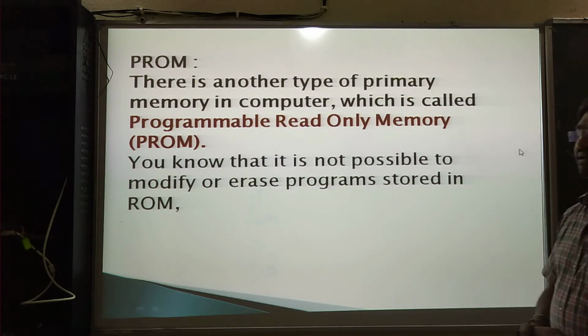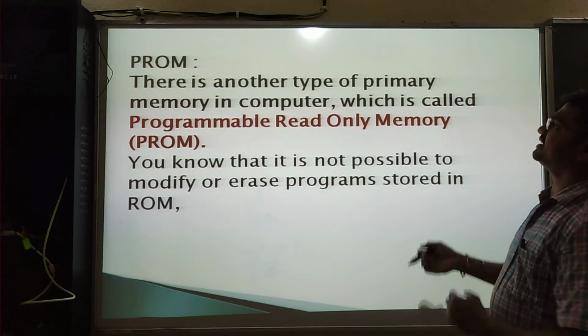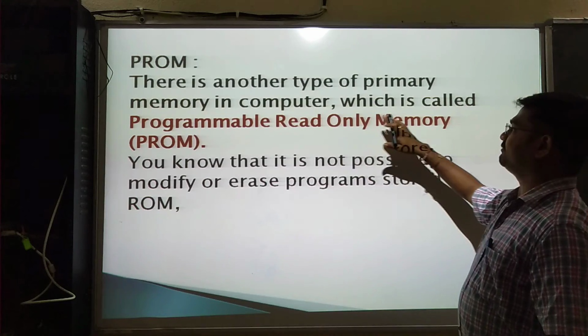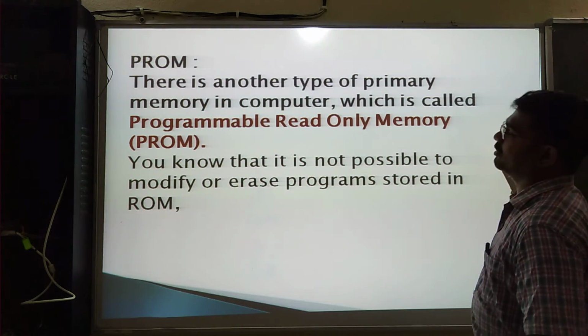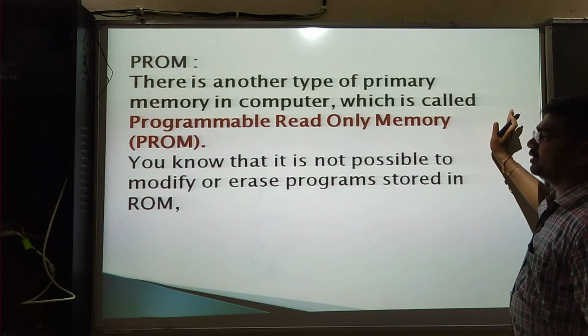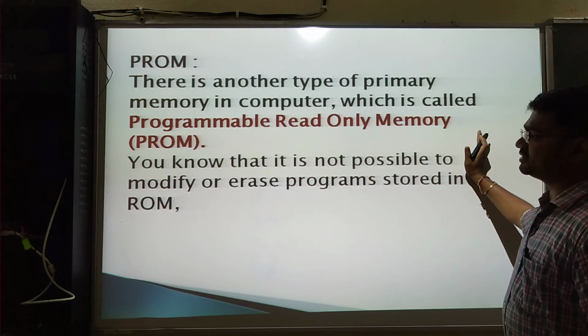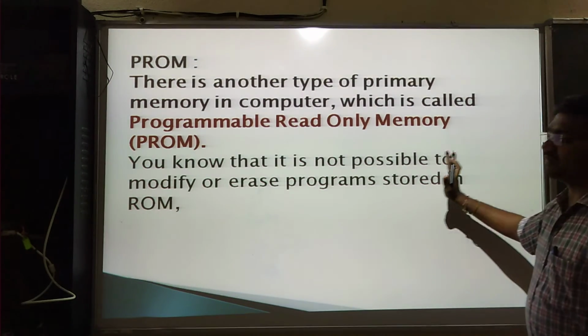Next, the ROM is divided into three types. First, there is another type of primary memory called programmable read-only memory, PROM. You know that it is not possible to modify or erase the programming stored in the ROM.